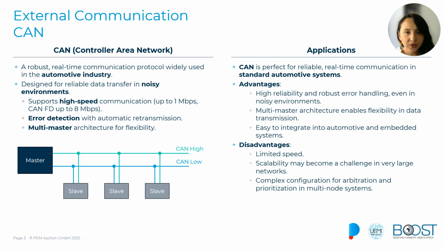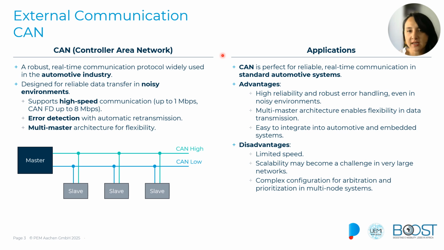So let's start with the controller area network, or CAN. This is really a workhorse in the automotive sector. It is very well known because it has an incredible ability to handle real-time communications in harsh and noisy environments.